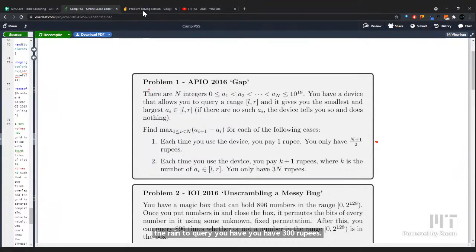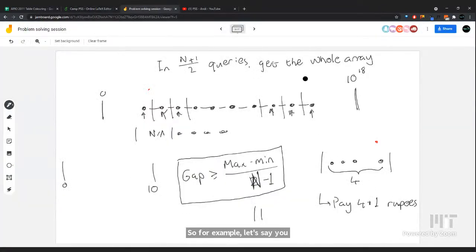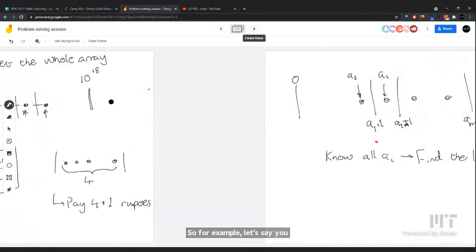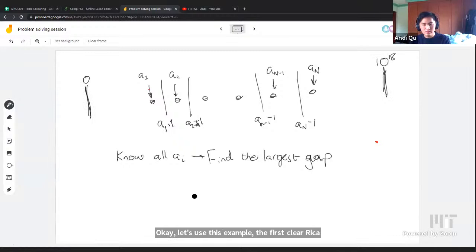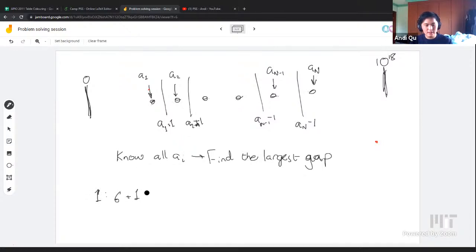For example, the first query here would be 6 plus 1 rupees. Your second query will be 4 plus 1, so 5 rupees.